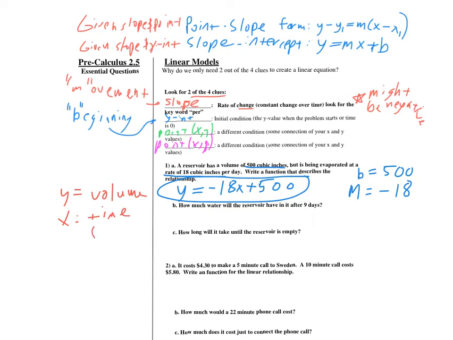In this case, it is in days because we were losing it at 18 inches per day. So after 9 days, I would plug in a 9 for x. I definitely think it's fine to use a calculator on this particular problem. All right, and so I get that will be 338, and the units here would be cubic inches.